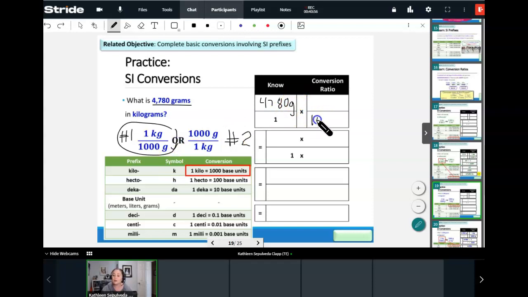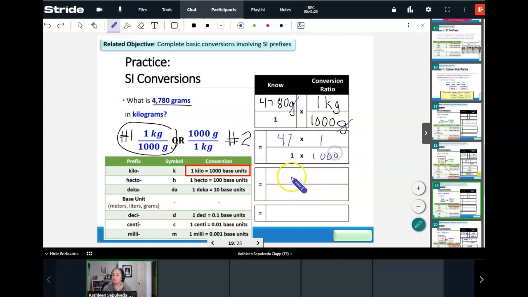So I'm going to go ahead and put 1,000 grams on the bottom equals 1 kilogram. Okay. Now, just like before, because they are across from each other, I can now cancel them out. They're both the same unit. So I'm going to go boop, cancel them out. Now I just multiply across. 4,780 times 1, 1 times 1,000.